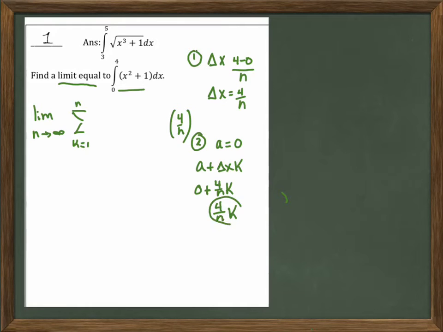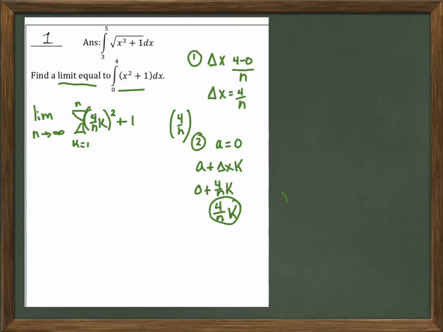This is what you're going to replace x with. Oh, no, I was looking at the answer one. We don't have a square root, you have a squared term. So this would be 4 over n k quantity squared plus 1.